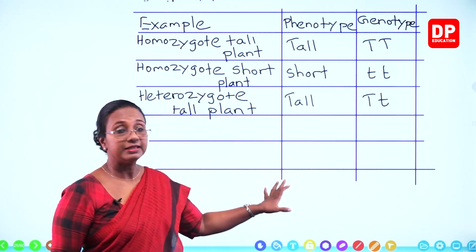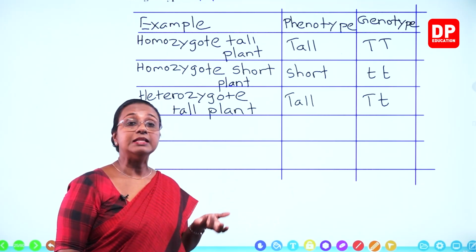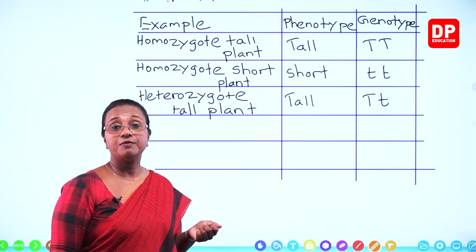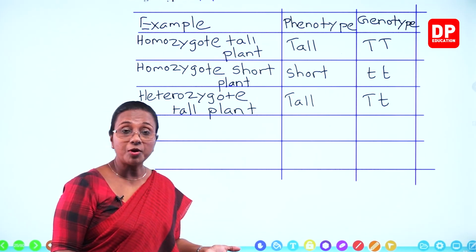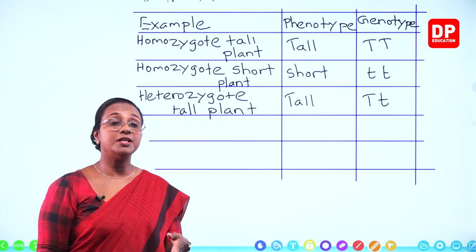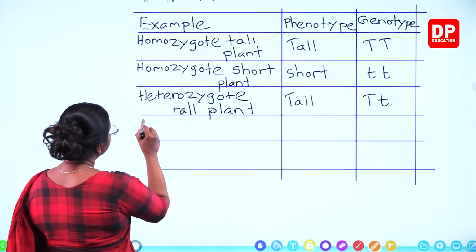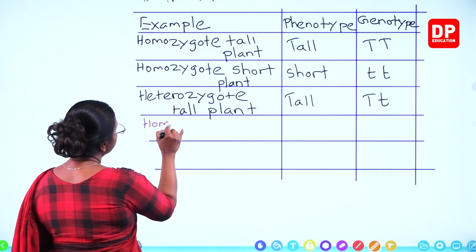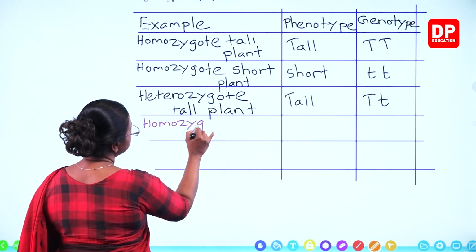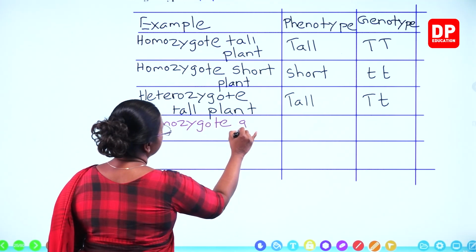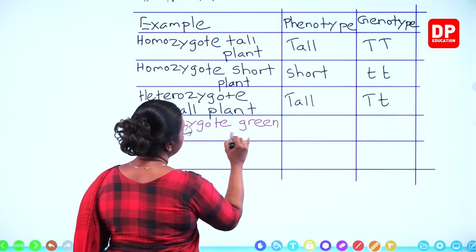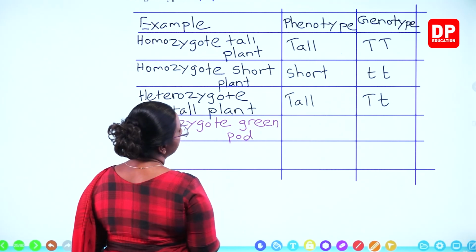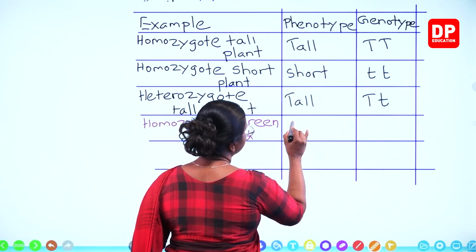So we will do another example, maybe the green and yellow color of the pod. Green color pod is dominant, yellow color pod is recessive. So if we say homozygote green pod, that is going to be the dominant character.